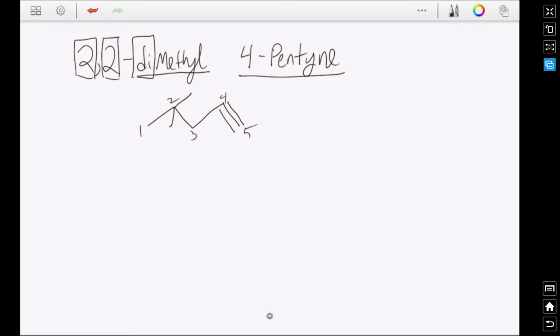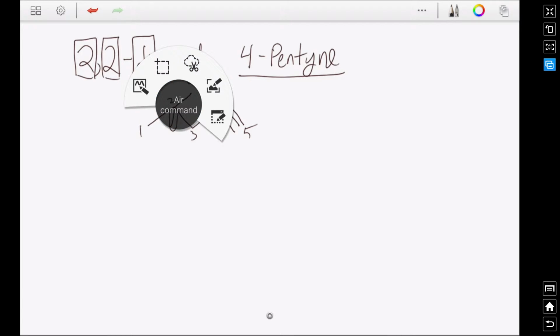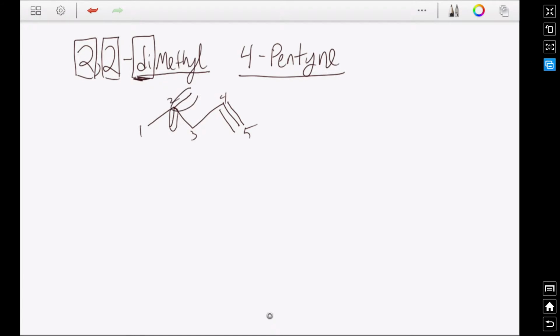But it's nice to know that it actually is 2 methyl groups there, not just a weird typo. So that's my dimethyl, and my 4-pentyne appears here. This is what 2,2-dimethyl 4-pentyne would look like.